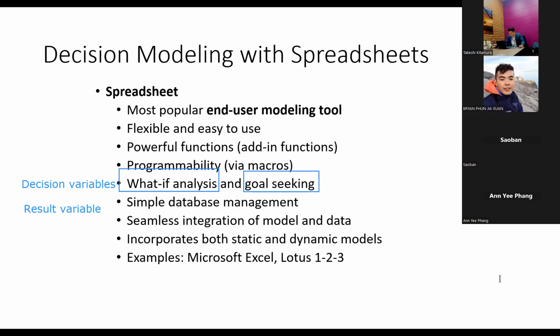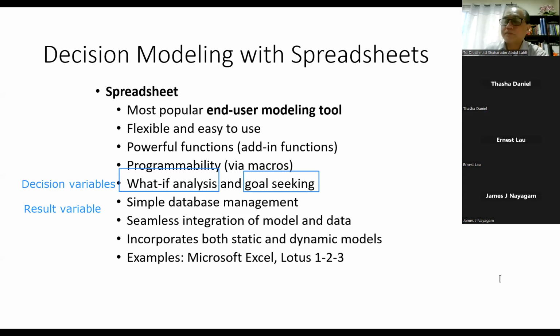You begin with decision variables. And for goal seeking? The result variable. So what-if analysis is you begin with decision variables, and goal seeking is you look at result variables.